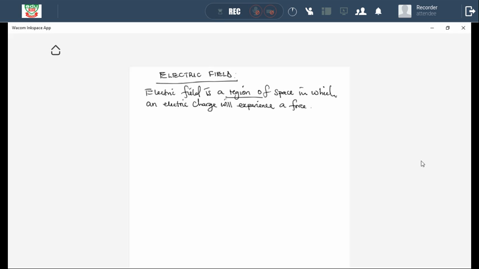You put it somewhere and then you take another test charge, just a small charge, and you put it close by. That test charge will experience a force. Why does it experience a force? Because it is within the electric field of another charge. So that test charge is either going to be attracted or it is going to be repelled.